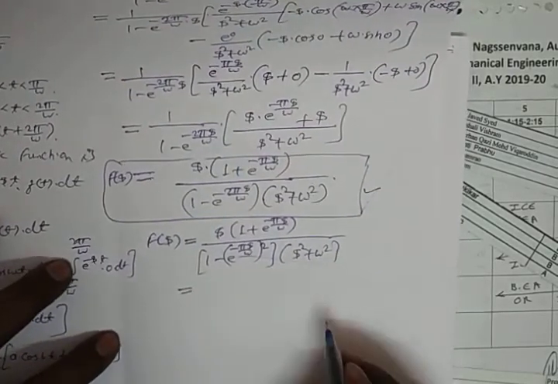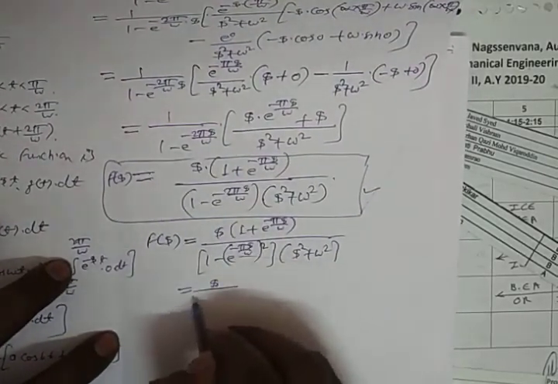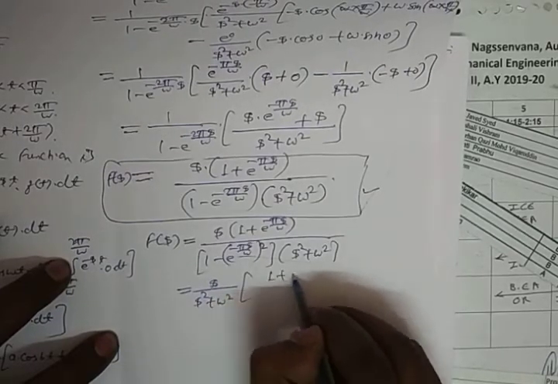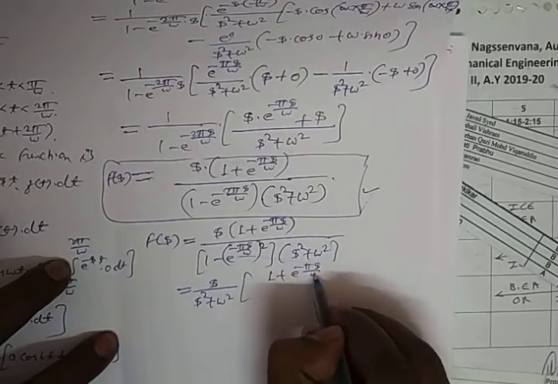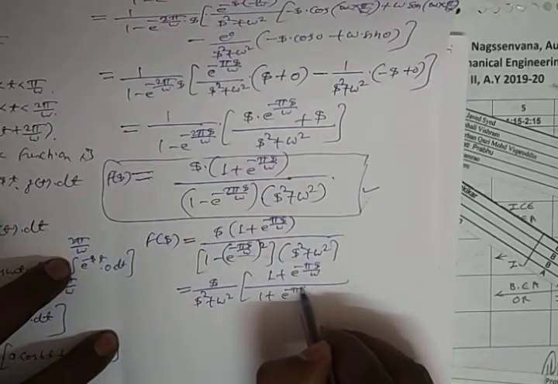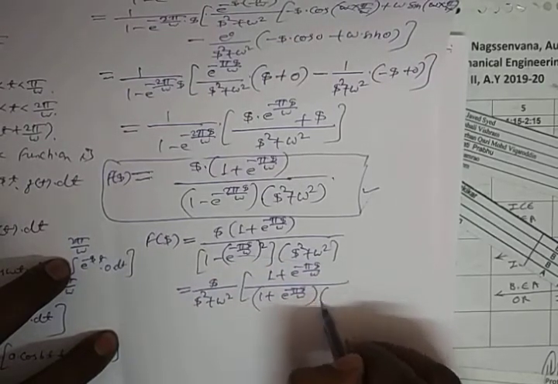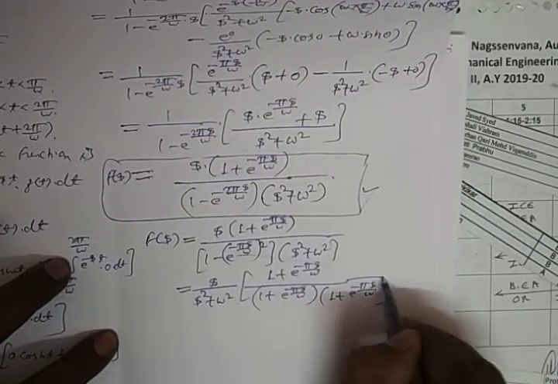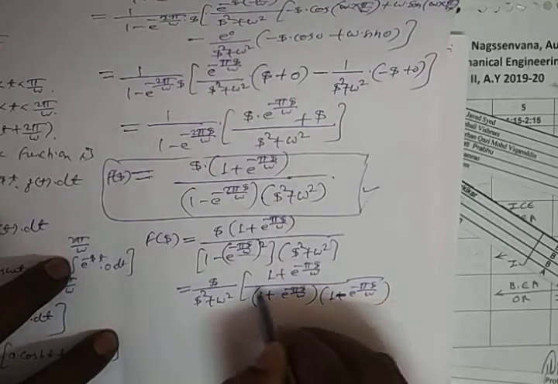Now how can you simplify this further? So this s upon a square plus omega square as it is in bracket 1 plus e raised to minus pi s upon omega divided by 1 plus e raised to minus pi s upon omega in first bracket, 1 plus e raised to minus pi s upon omega in another bracket, so this is minus, okay.